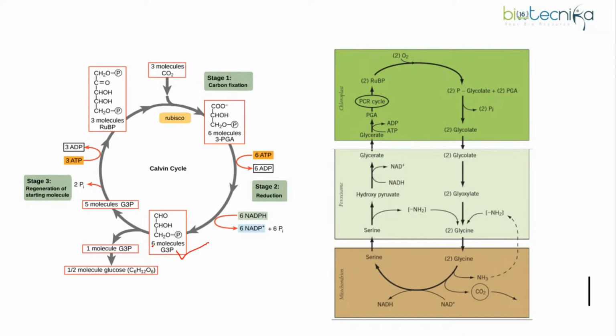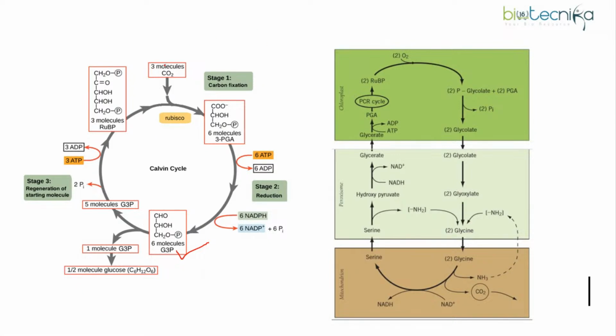So we get six molecules of G3P, and from here, five molecules of glyceraldehyde 3 phosphate are utilized to regenerate RuBP. So we get back three molecules of RuBP. This process is known as regeneration. In this process, again, three ATPs are utilized. And one molecule of G3P is used in the production of half a molecule of glucose. So from three molecules of carbon dioxide fixed, we are just getting half a molecule of glucose, right?